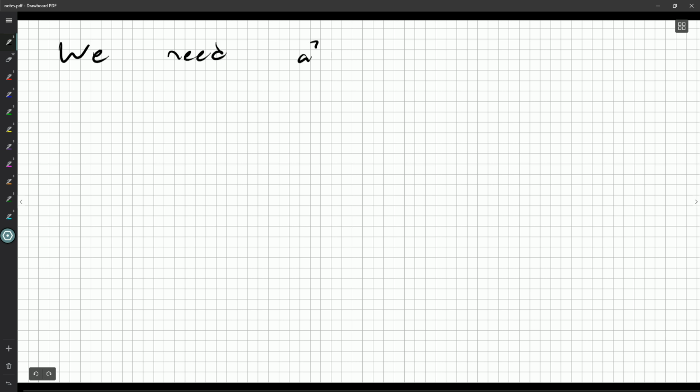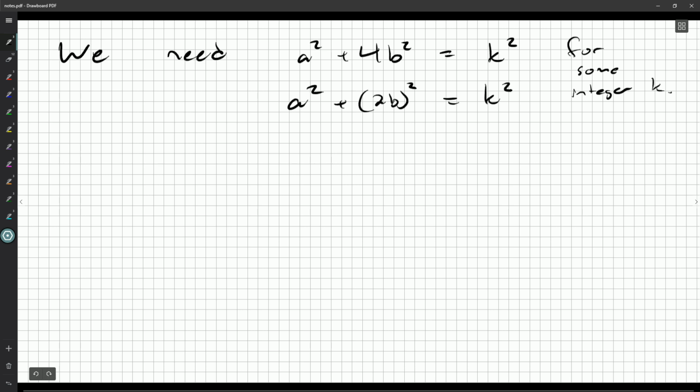So we need a squared plus 4b squared to be itself a square, for some integer k. Now, 4 is a square, so this is really a squared plus 2b squared. So I've got an integer square plus an integer square is another integer square.